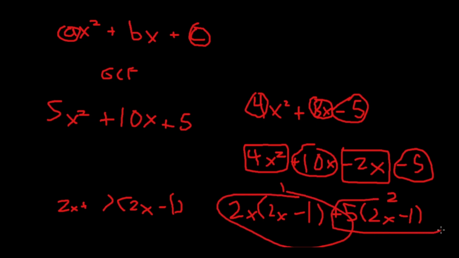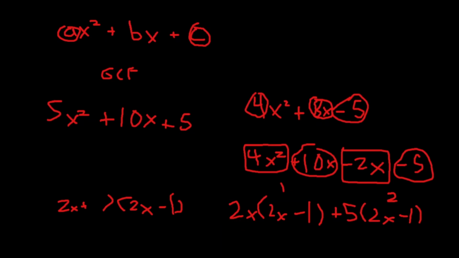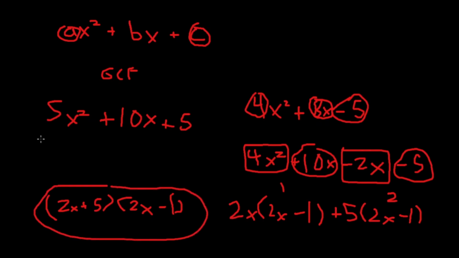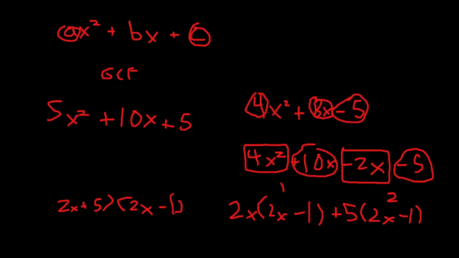These two things aren't multiplying. So we're essentially just simplifying it. Instead of doing 2x times 2x minus 1, and then adding 5 times 2x minus 1, we're just doing 2x plus 5 times 2x minus 1. So this would be the answer in its most factored form.